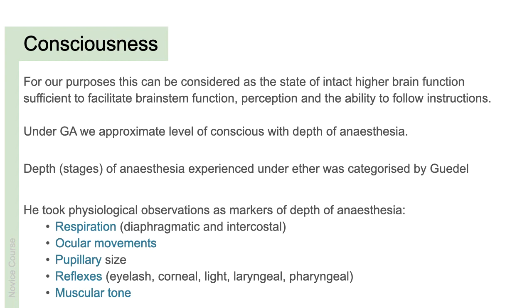So what we're really looking for here is a patient that can follow instructions, is able to understand where they are, has got intact brainstem function, which means that they can protect their own airway. They have stable cardiovascular and respiratory function, and that it is consistently demonstrated so that we can be comfortable that this patient will be able to maintain that level of awareness.